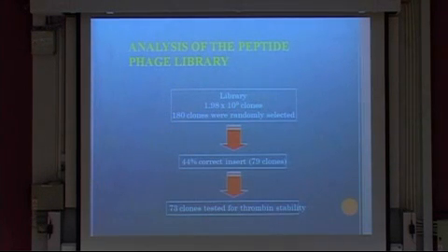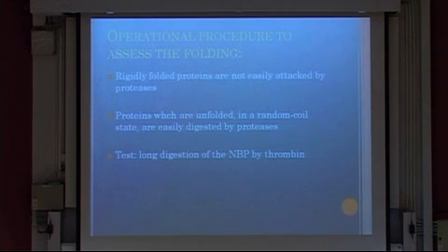If you have a protein which is rigidly folded, a protease cannot bite inside and will resist proteolytic digestion, whereas if you have an unfolded protein, then the protease can attack, cleave and hydrolyze very rapidly.